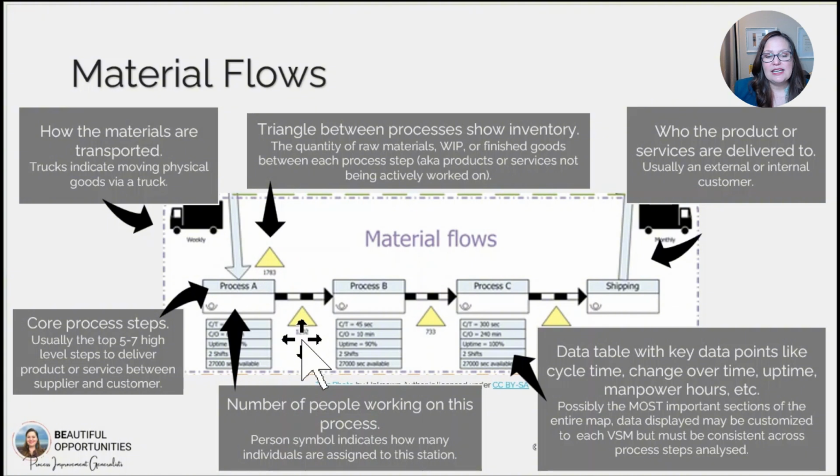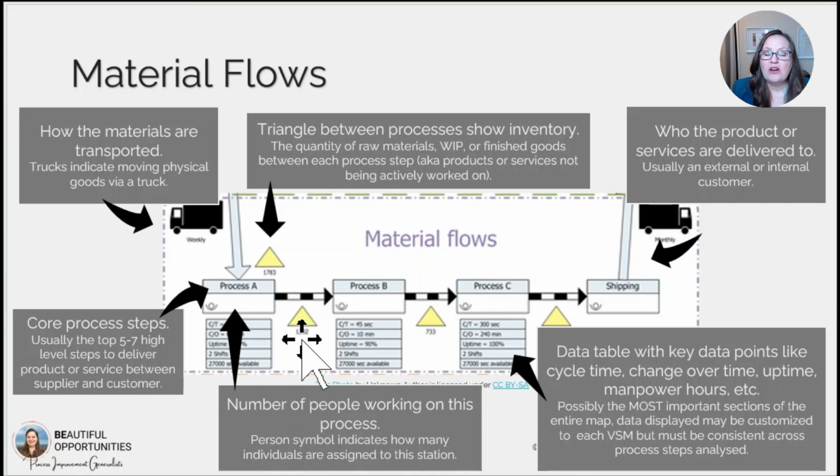Here, what we want to see are those top value added steps, those top steps that our customer cares about and changes our product or service in some way. So we don't want to see that the product goes from process A and process B without any kind of transformation. So each of these are steps that transform our product or service on the way to our customers, which means we may need to roll a lot of smaller steps up into these high level steps.